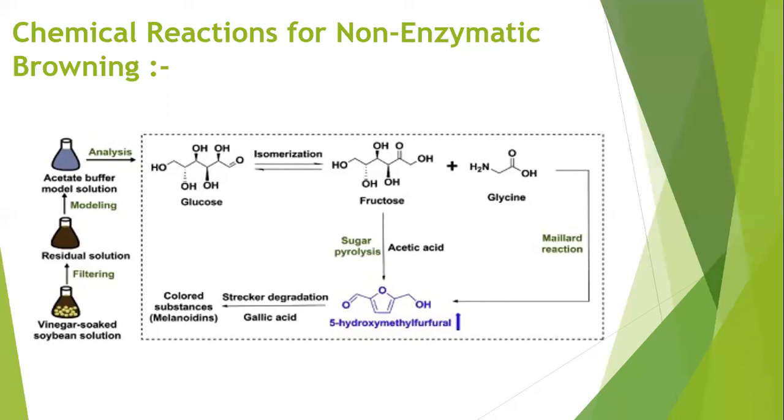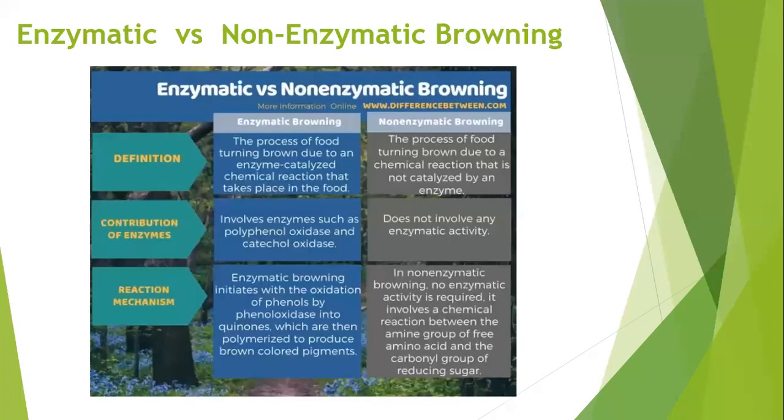Refrigeration of any food or fruits would significantly reduce the rate of oxidation and thus the darkening of tamarind pulp. So if we give an example of tamarind pulp, it is a very classical example of non-enzymatic browning.